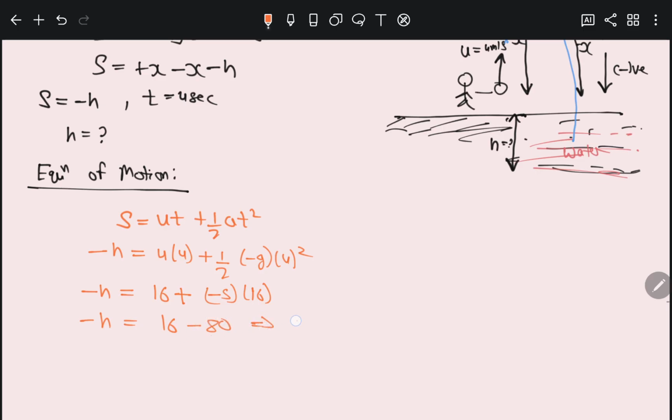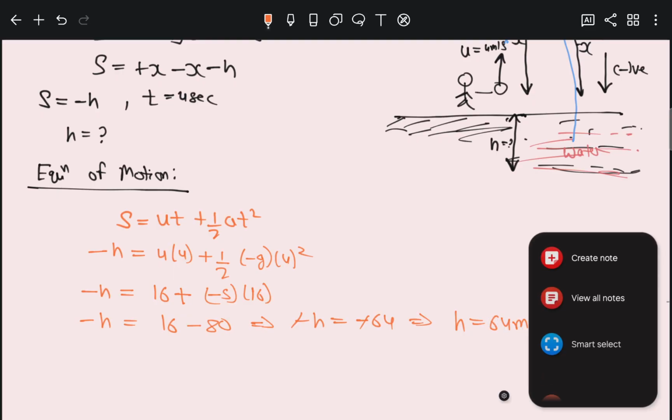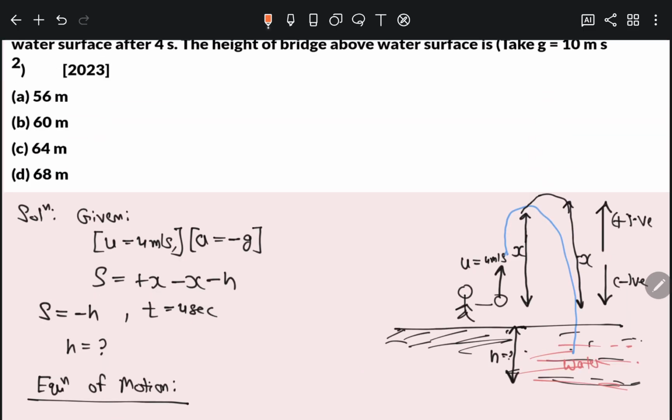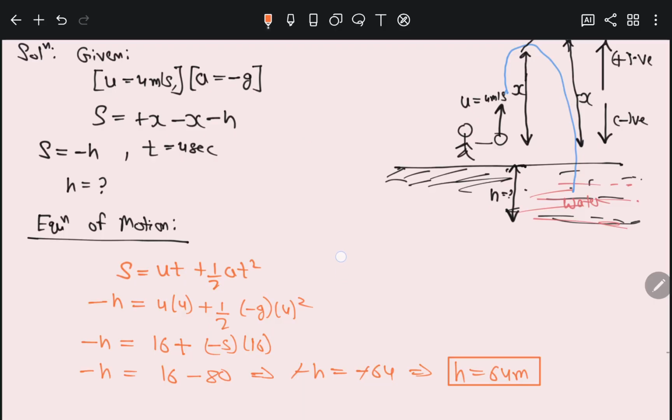So minus h is equal to 16 minus 80, which is minus 64. Minus and minus cancel, so h comes out to be 64 meter. So option C is the correct option.